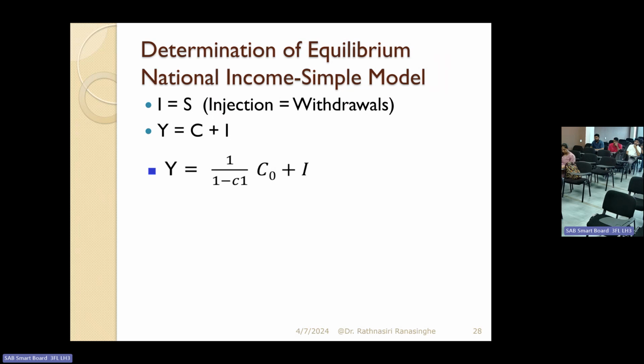We take the form C equals C0 plus C1 Y, where C0 is autonomous consumption and C1 is the marginal propensity to consume. Y is the income or the disposable income.